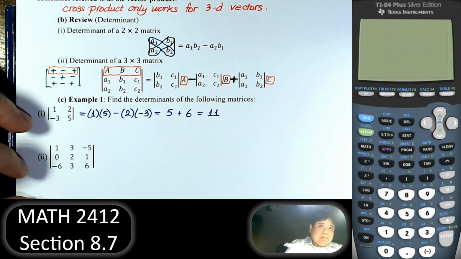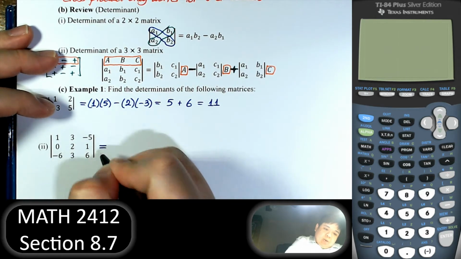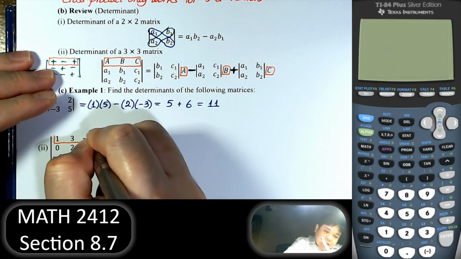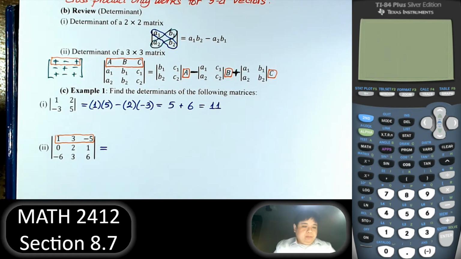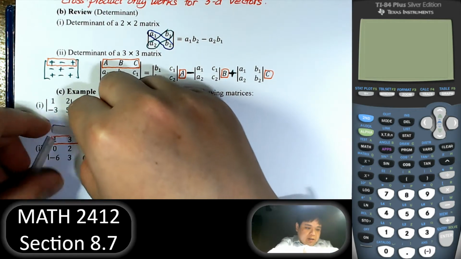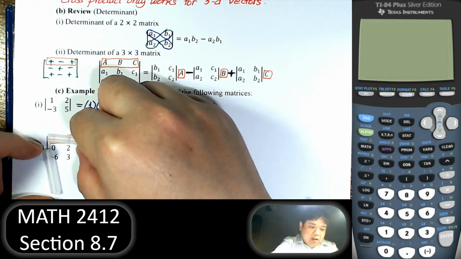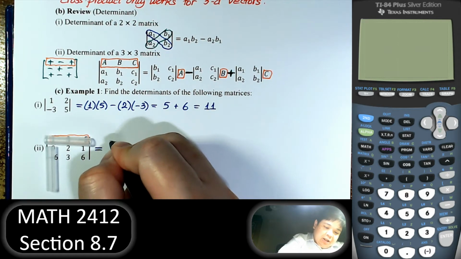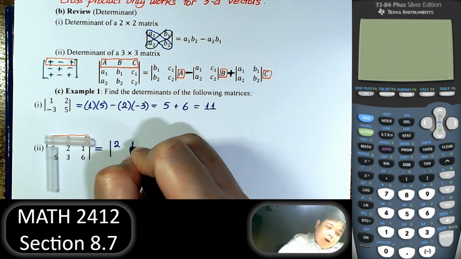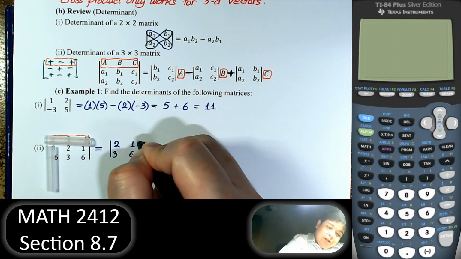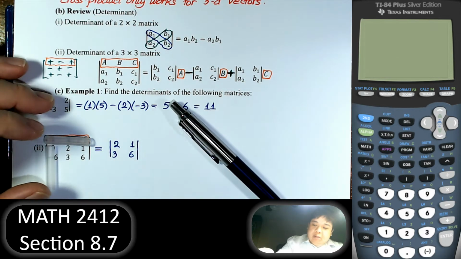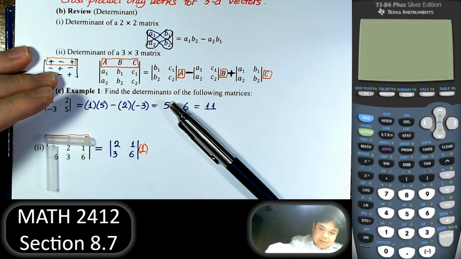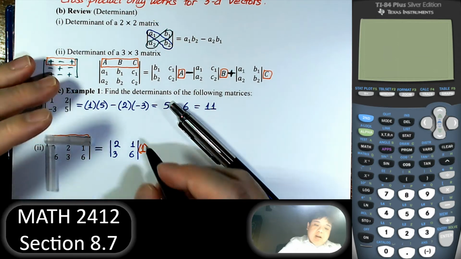Now the 3x3 determinant. First I'm going to take this row. For the first component, which is 1, if we cover the row and the column, what we are left with is the 2 by 2 determinant 2, 1, 3, and 6, multiplied by the element, which is 1. And remember the sign is plus, minus.